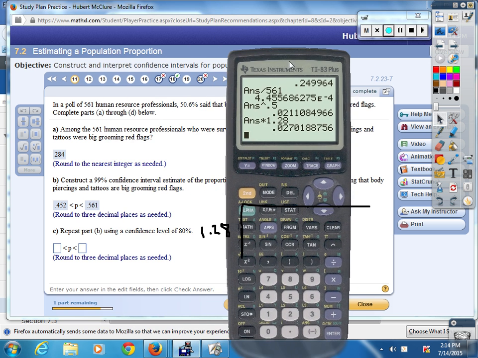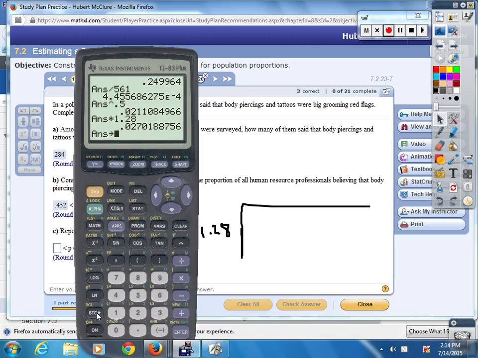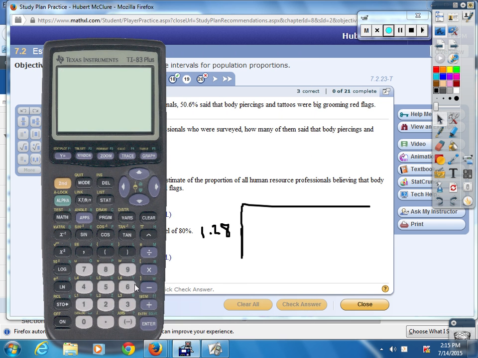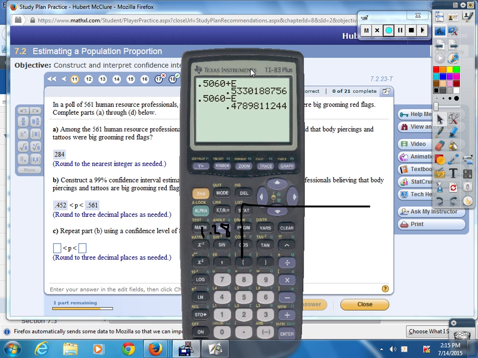We'll just store that as E. Now we're going to take 0.5060 add E, and then take 0.5060 subtract E. And that should be your interval.